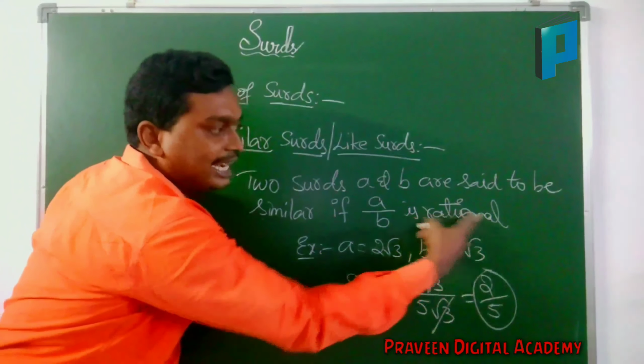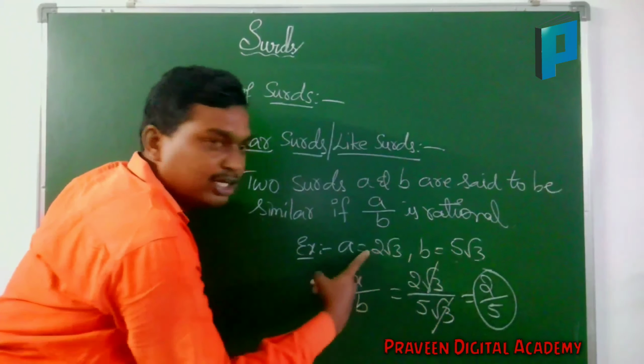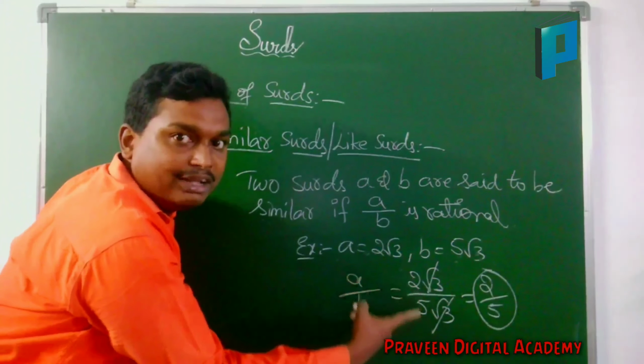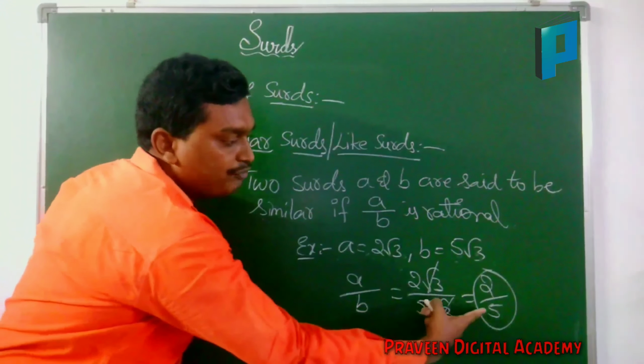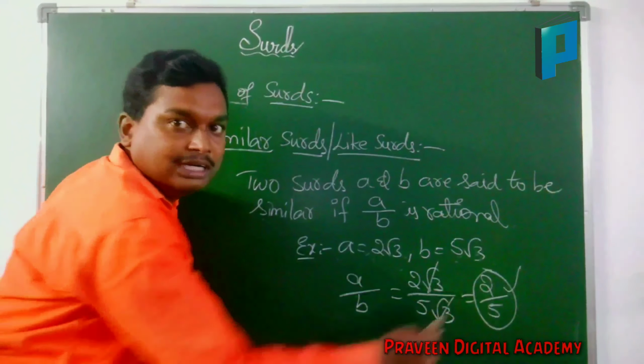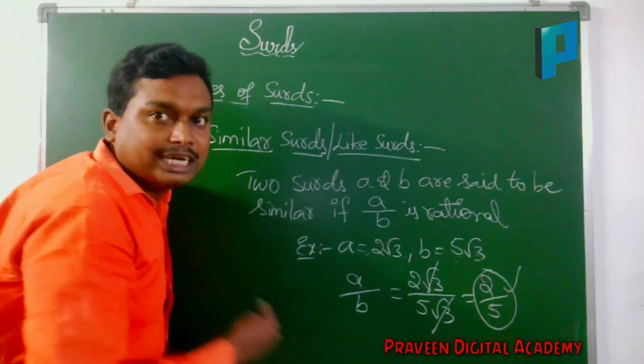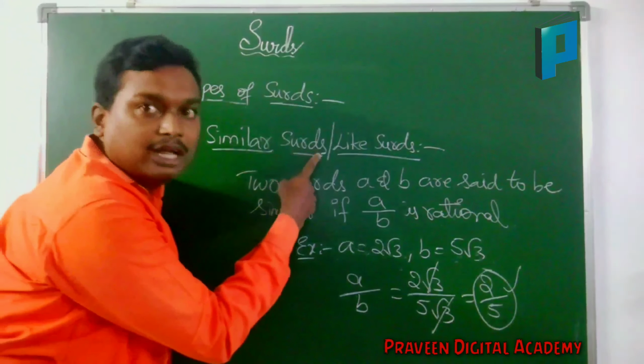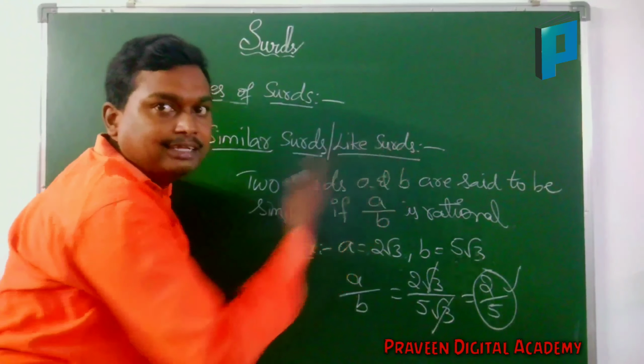This 2 by 5 is a rational number. If you are dividing two surds and getting a rational number, then such type of surd is called a similar surd or like surd.